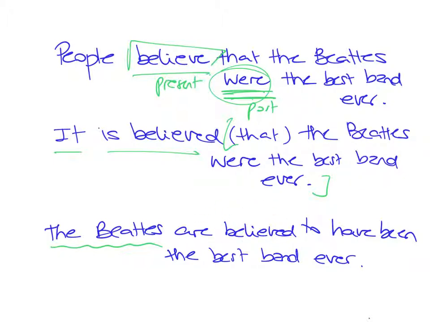But then the infinitive you're going to use here is not going to be the verb to be, but to indicate that this action happened before this one here, you will say, the Beatles are believed to have been the best band ever.